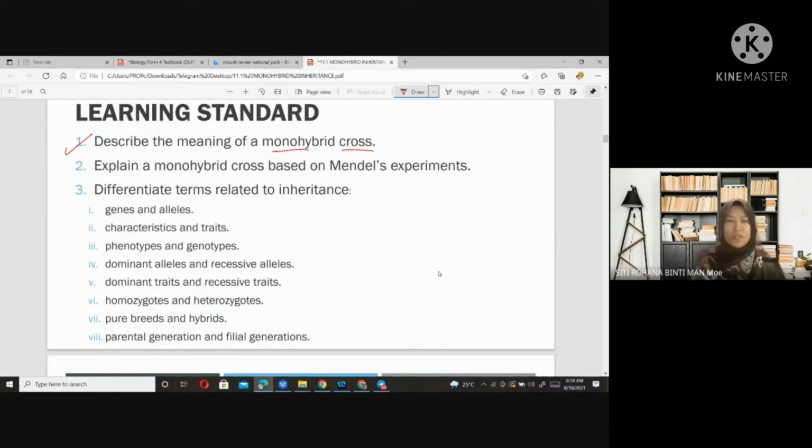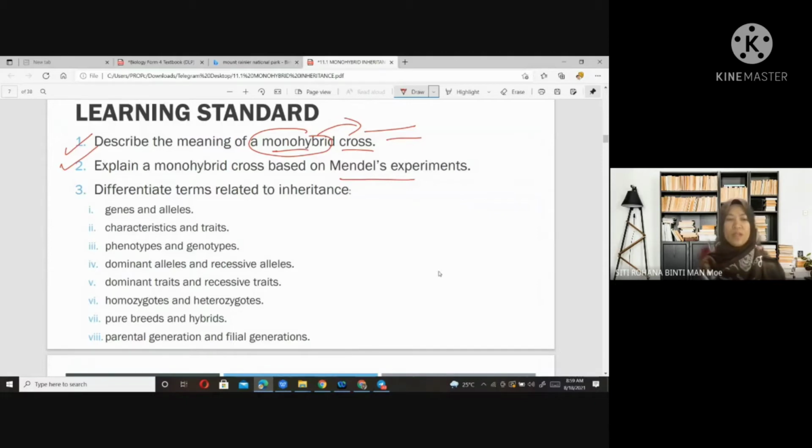So you have to understand what's the meaning of monohybrid, and can be presented as schematic diagram or Punnett square. Nanti awak tengoklah apa yang saya maksudkan. Next, explain a monohybrid cross based on Mendel's experiments. So apa yang Mendel buat? Who is Mendel? Siapa itu Mendel?